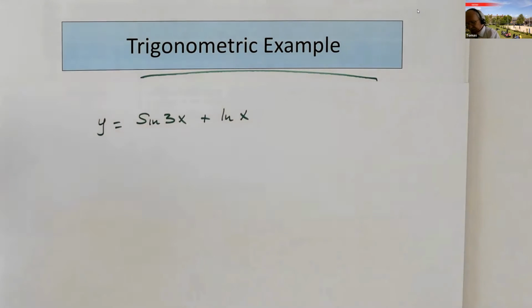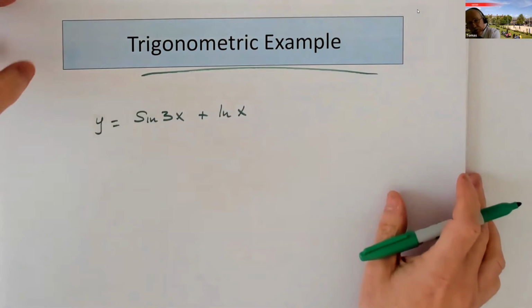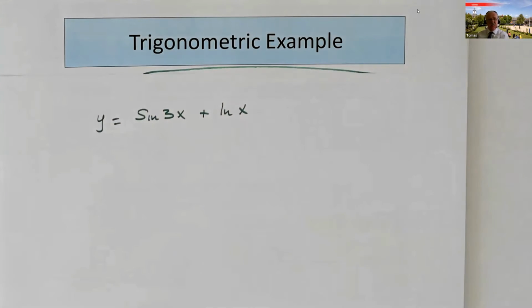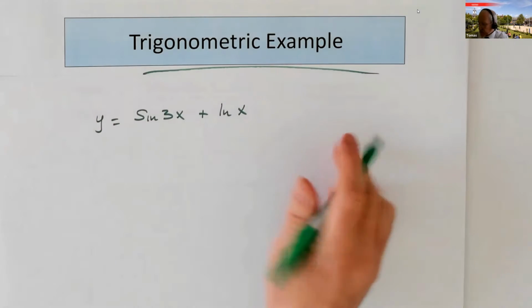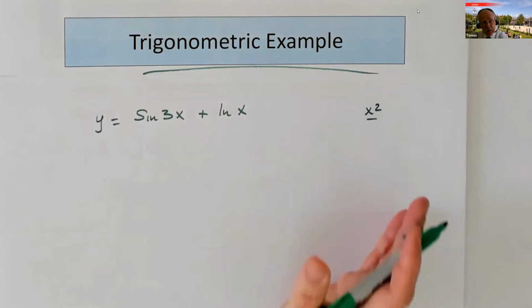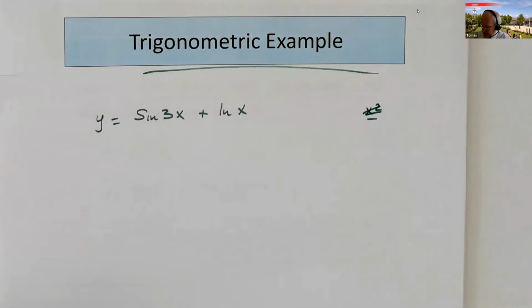Well, what you say is there's nothing that I haven't done. Maybe I haven't done this particular question, but it's not new to the syllabus and I have the skills for it. So y is equal to something in x. It's not one of the standard x squared. It's not a product. It's not a quotient rule, but it's trigonometric.